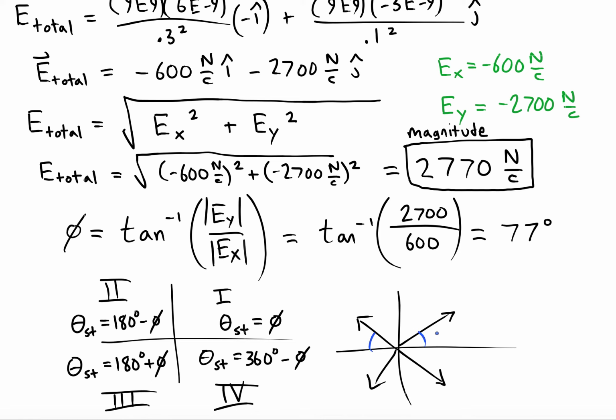And our reference angle is going to be the angle it makes with the x-axis. Okay, so our 77 is actually this here. We want standard position though, which goes from the positive x direction all the way around, and we get an angle that's greater than 180 here.